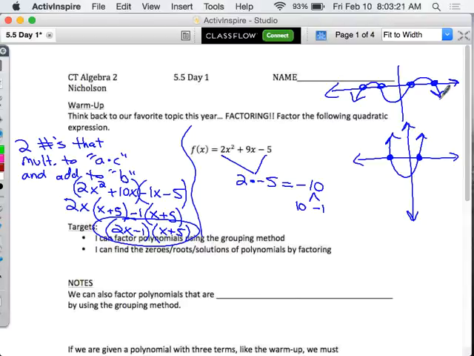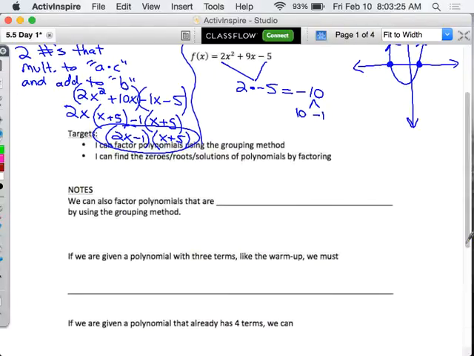So, some notes. We can also factor polynomials that are higher than degree 2. So that means they are larger than quadratics.